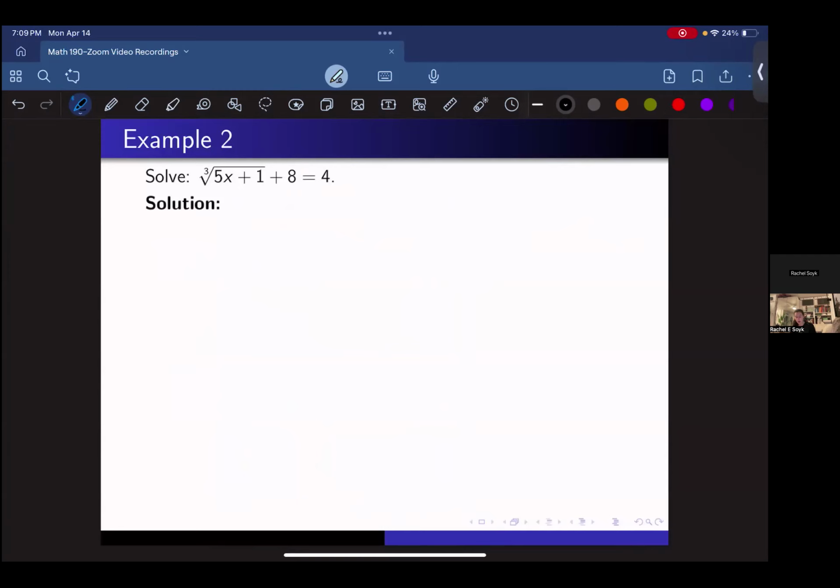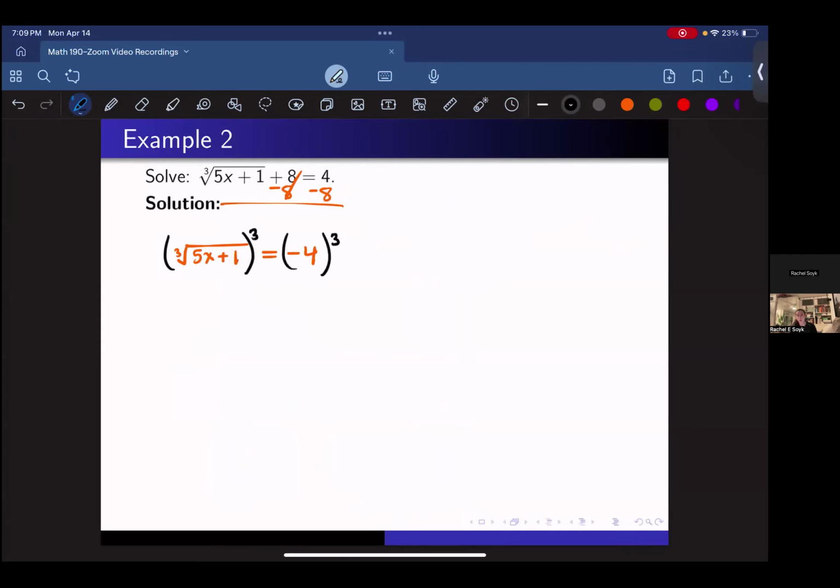Now let's look at a cubic root in our second example. Once again, we want to make sure that root is all alone. So we're going to go ahead and subtract 8 from both sides so that we're looking at the cube root of 5x plus 1 is equal to -4. Reverse engineer, so we're going to raise both sides to that index 3.